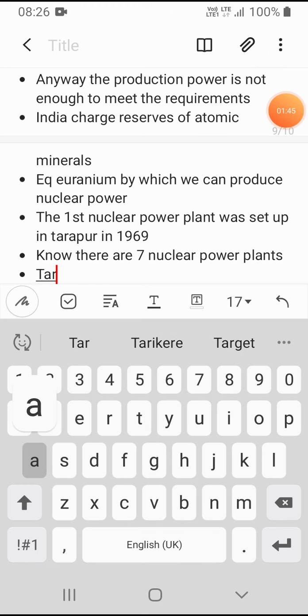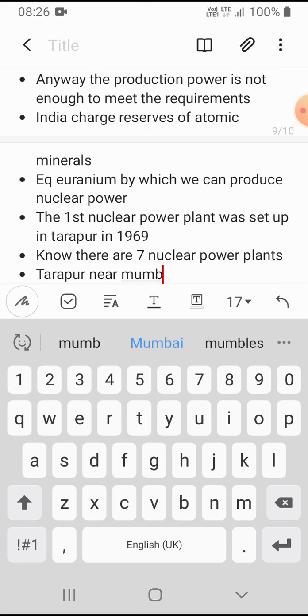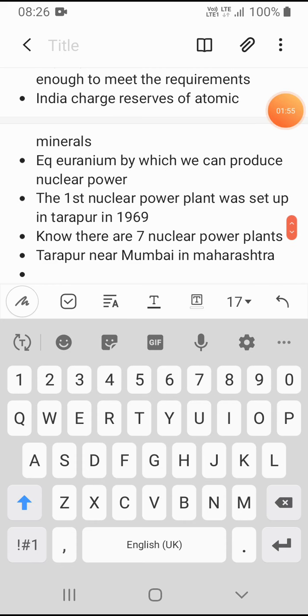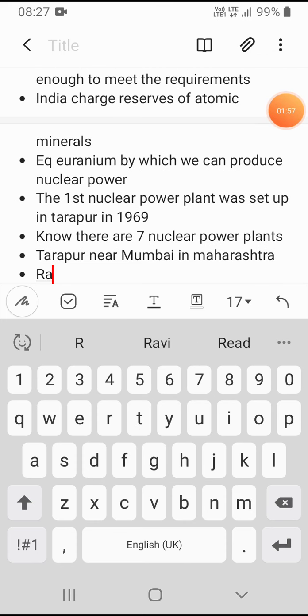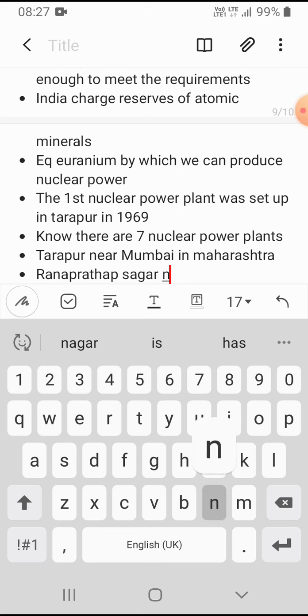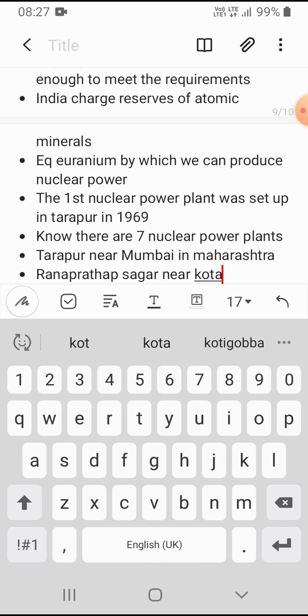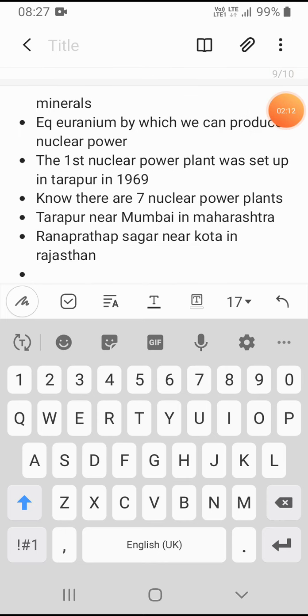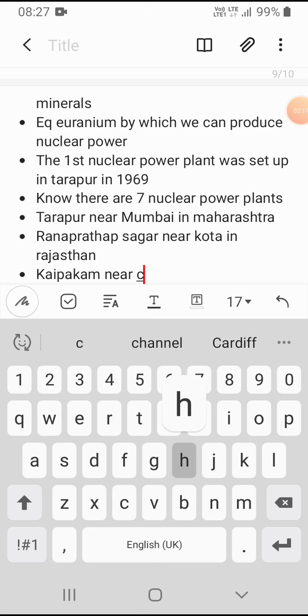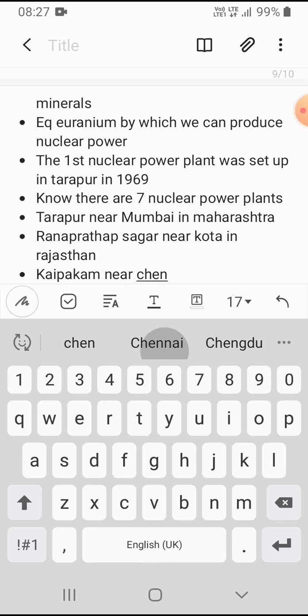First is Tarapur near Mumbai in Maharashtra. After that, Rana Pratap Sagar near Kota in Rajasthan. Afterwards, Kalpakkam near Chennai in Tamil Nadu.